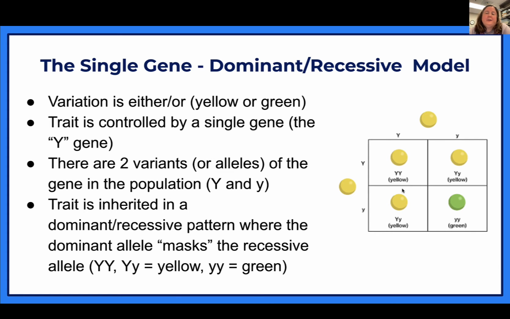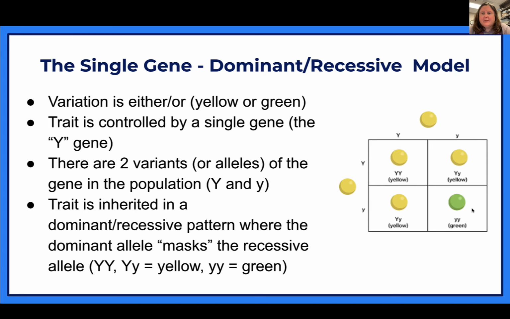So if you have two dominant capital Ys, your offspring is going to be yellow. If your offspring gets a big Y and a little y, because big Y, yellow, is dominant, it's going to be yellow. And that's the same over here. And then here we have little y, green.